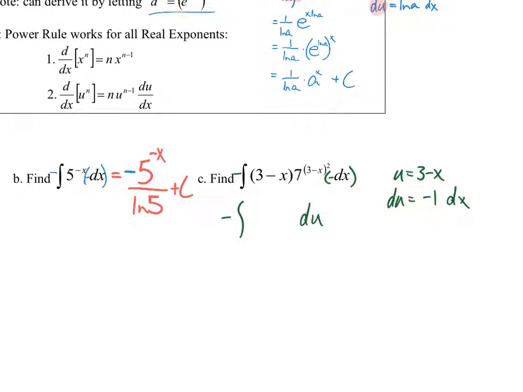Okay, yeah, let's go ahead and incorporate the square into our u. Make that whole thing u. Then 2 times 3 minus x to the first times a -1 would be our du. Okay? So we're going to use the chain rule here. So we have 2 times 3 minus x to the first power times a -1, chain rule.